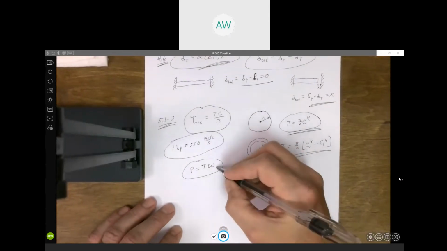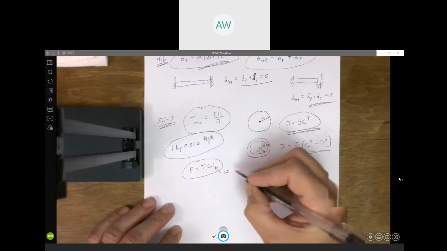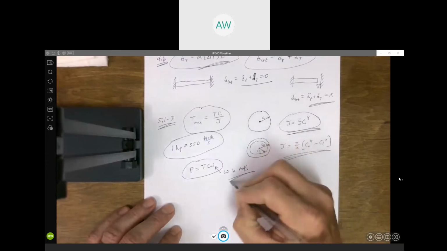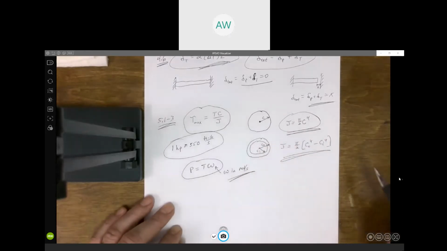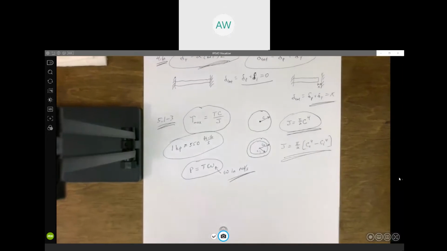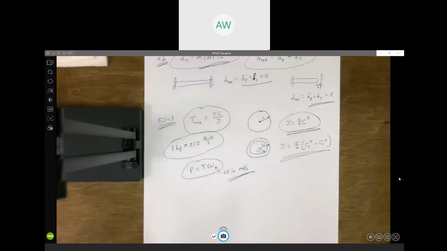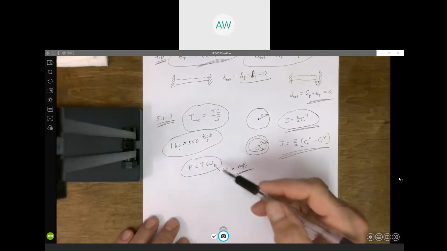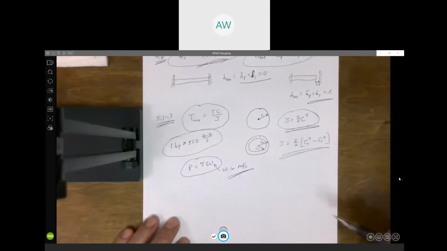And for this formula, omega here must be in radians per second. So it's very common, if you worked any of these problems, a lot of times they'll tell you it's rotating at so many RPMs. Well, to use this formula, you can't put RPMs in there. You need to convert that to radians per second.